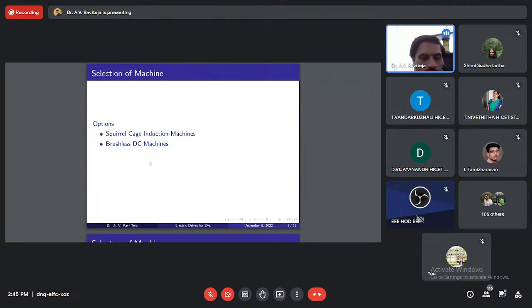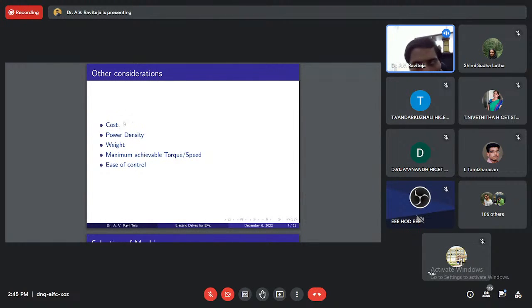Brushless DC machines, if I go for, the cost, I have a drawback. They are costly because of permanent magnet. Power density, weight, I have good because they have high power density and very low weight for the given power rating. Maximum achievable torque or speed, this is also possible.